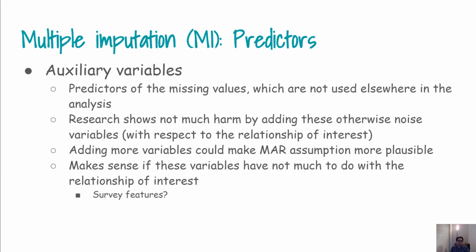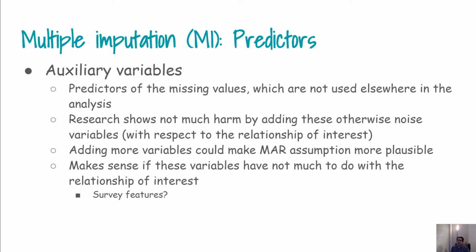Say for example, the cholesterol versus the BMI, in that relationship, where you live or how much is your income might not be relevant, but when you are imputing your age variable, for that age imputation, external variables that are not really considered for the main analysis can also be useful.